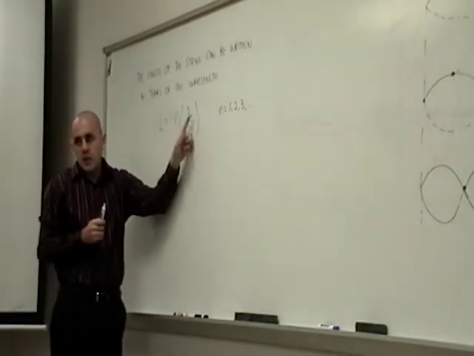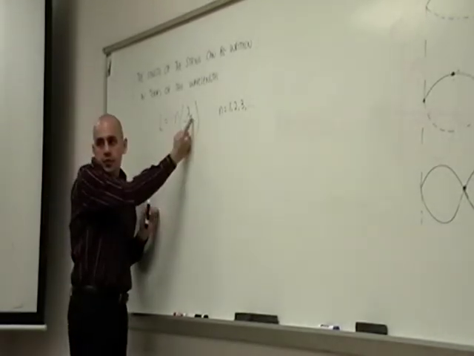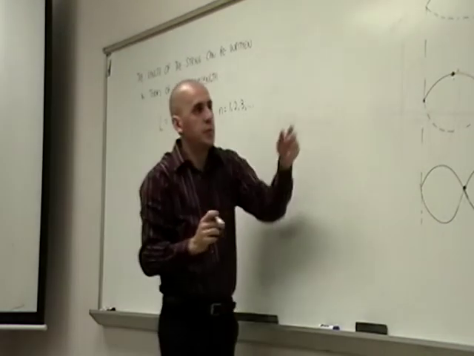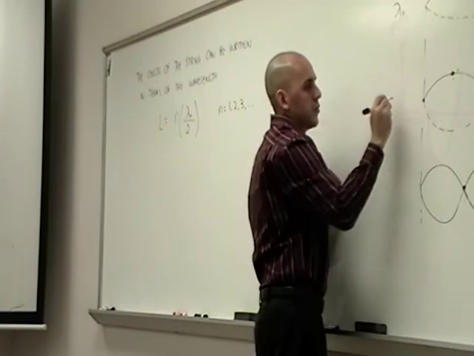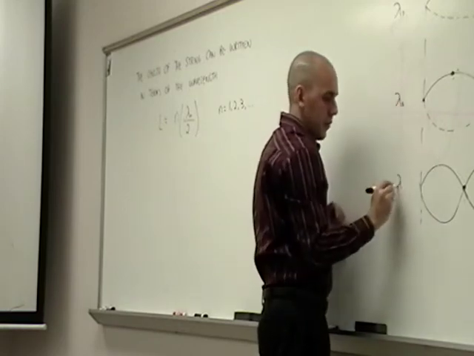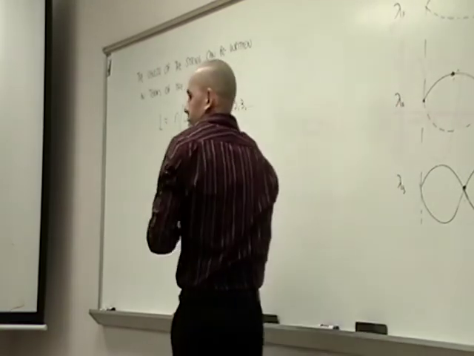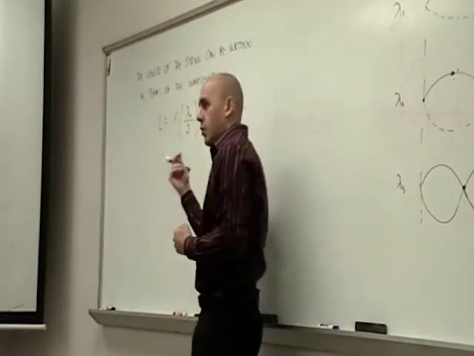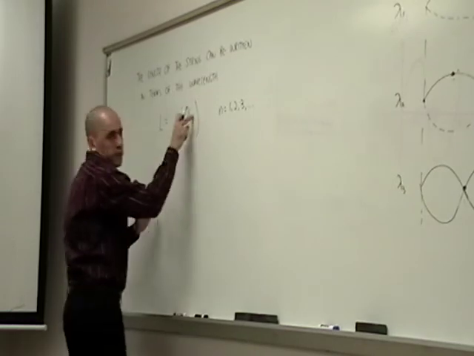This n right here, make sure it's clear in your notes, is a subscript. This n refers to the n that's right here. So this would be lambda 1, this would be lambda 2, this would be lambda 3. It's the wavelength of the second harmonic, or the third harmonic, or the nth harmonic, whichever n you have down there. That's a subscript here.